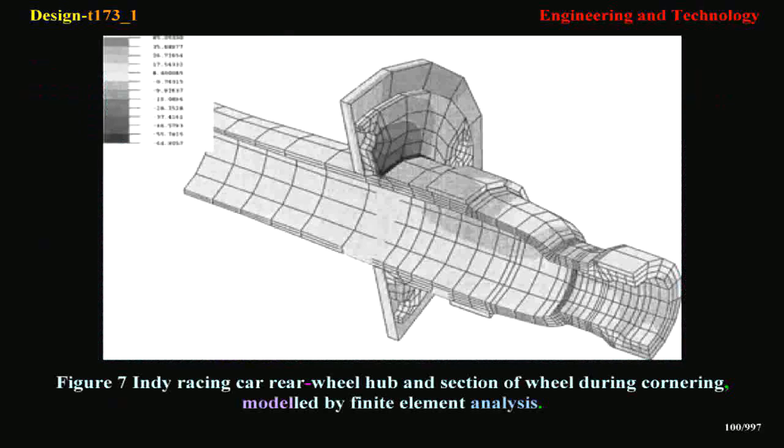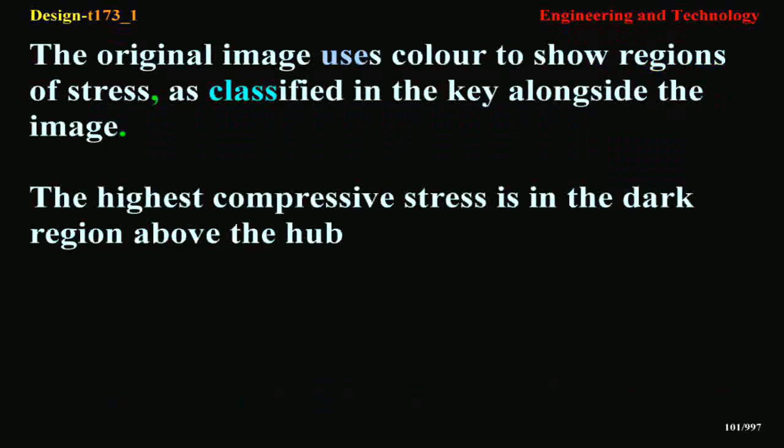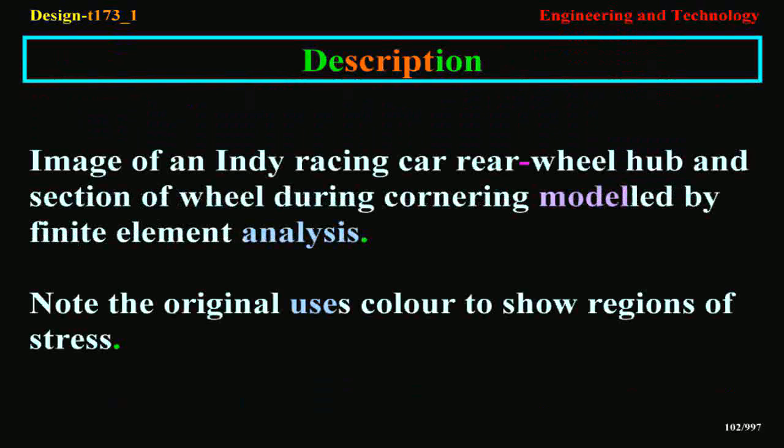Figure 7, Indy racing car rear wheel hub and section of wheel during cornering, modeled by finite element analysis. The original image uses color to show regions of stress, as classified in the key alongside the image. The highest compressive stress is in the dark region above the hub. Description: image of an Indy racing car rear wheel hub and section of wheel during cornering modeled by finite element analysis.